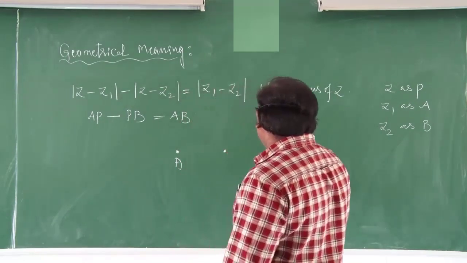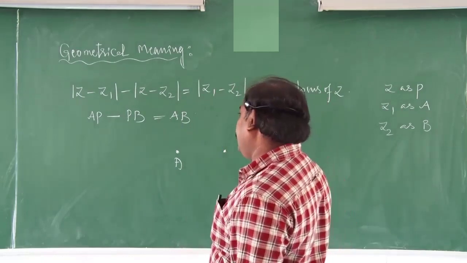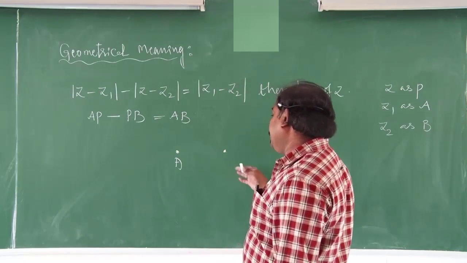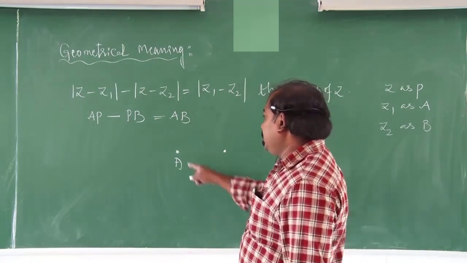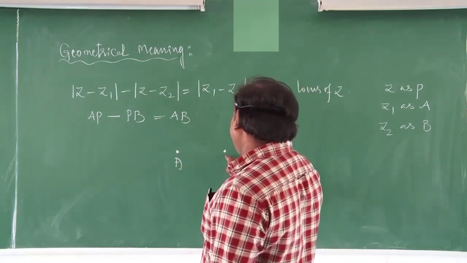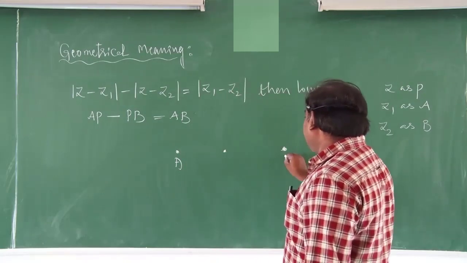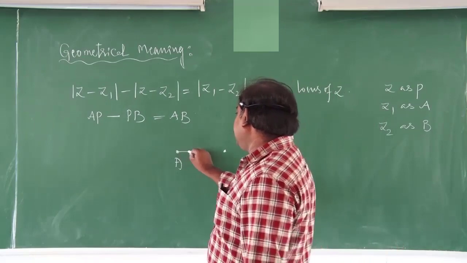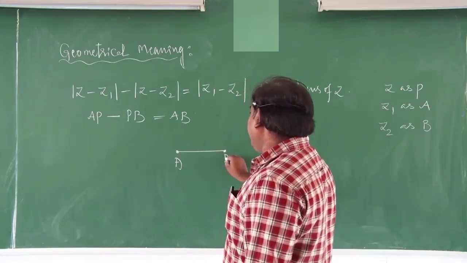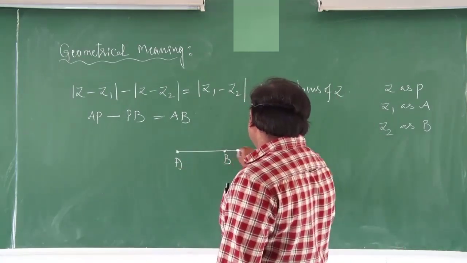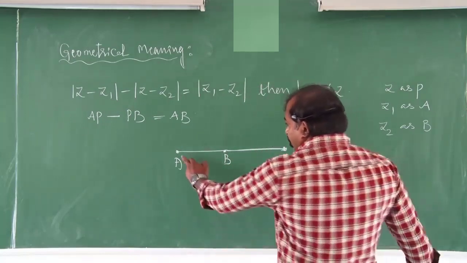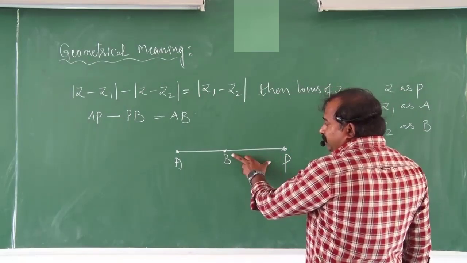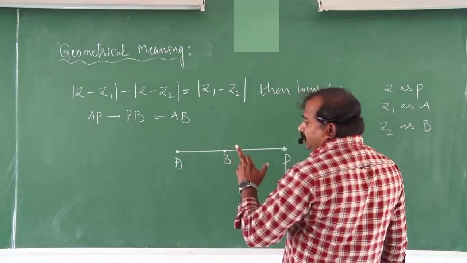Let these be the 3 points. According to the given data, AP minus PB equal to AB. If this is the point P, then cross check one time: AP minus PB equal to AB.